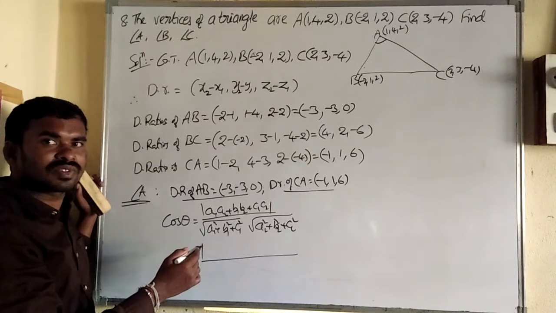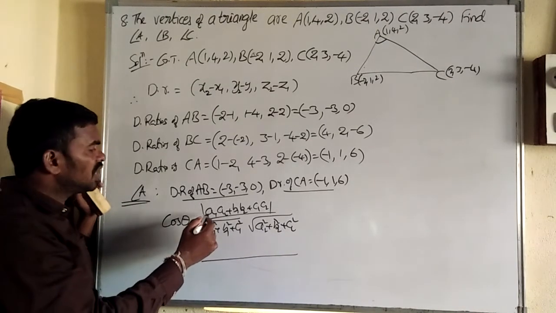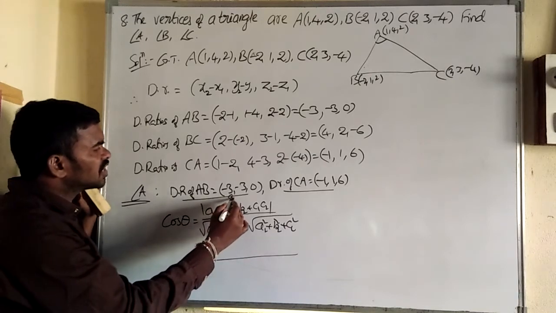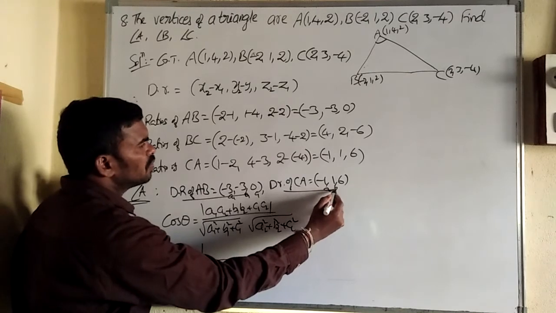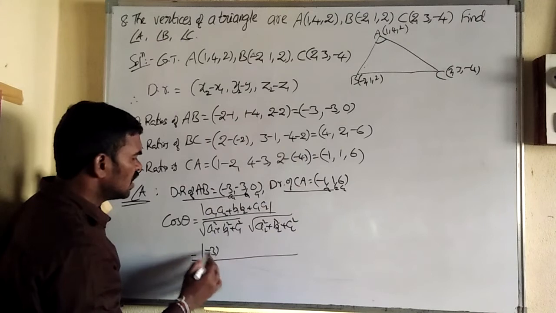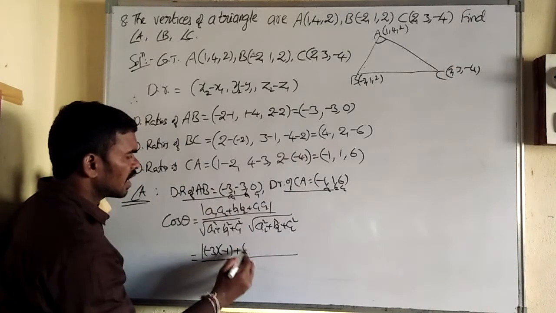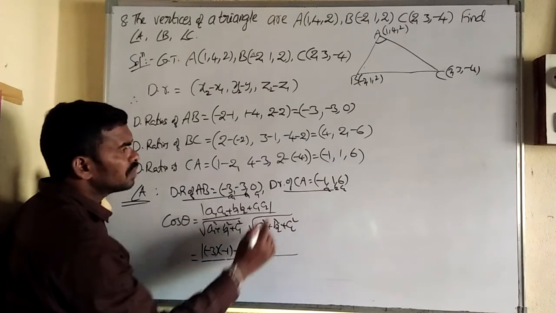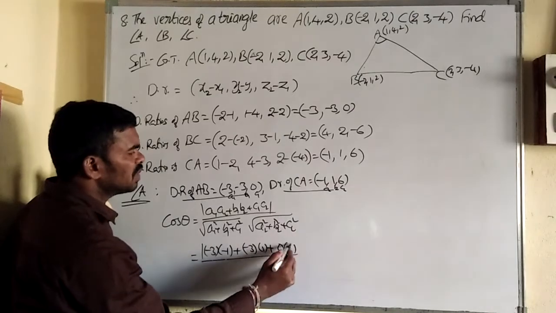Next, A1 means the first direction ratios A1, B1, C1. A2 means this A2, B2, C2. So A1 into A2: minus 3 into minus 1. Next, plus B1 means again minus 3, and B2 means 1. Plus C1 means 0, and C2 means 6.